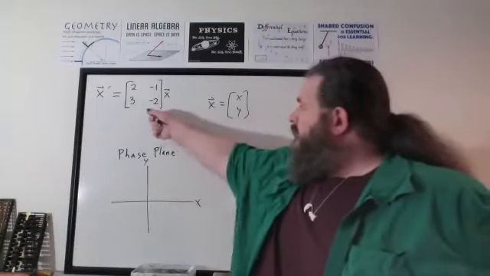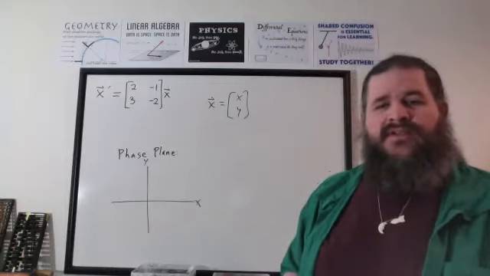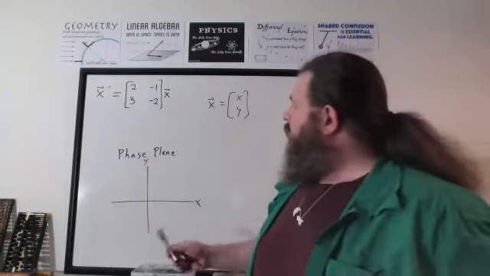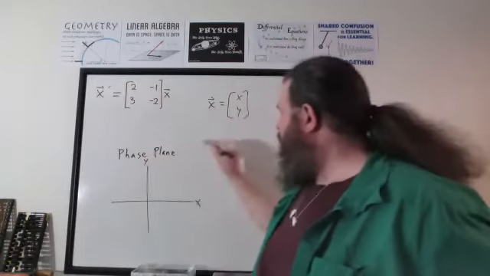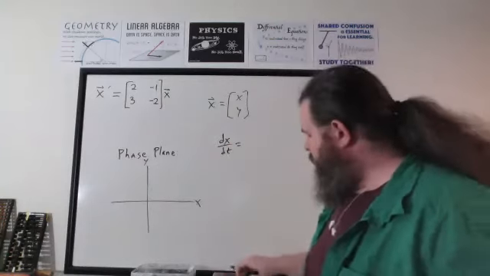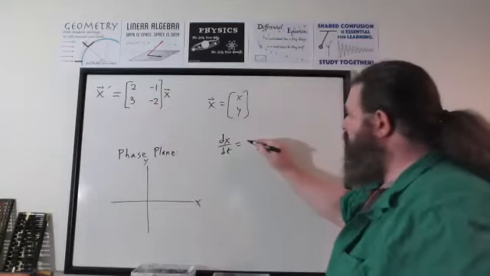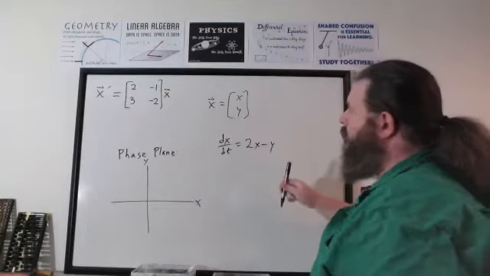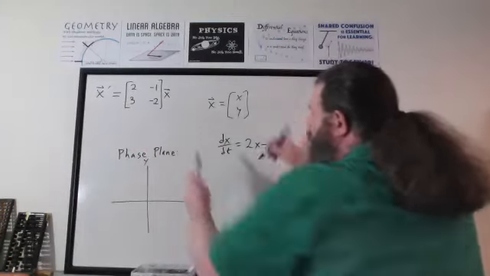But if we rewrite this matrix differential equation as two separate scalar differential equations, if this is dx dt and dy dt, we could say dx dt equals multiplying these together. So 2x minus 1y. And then multiplying this row and this column, 3x minus 2y.